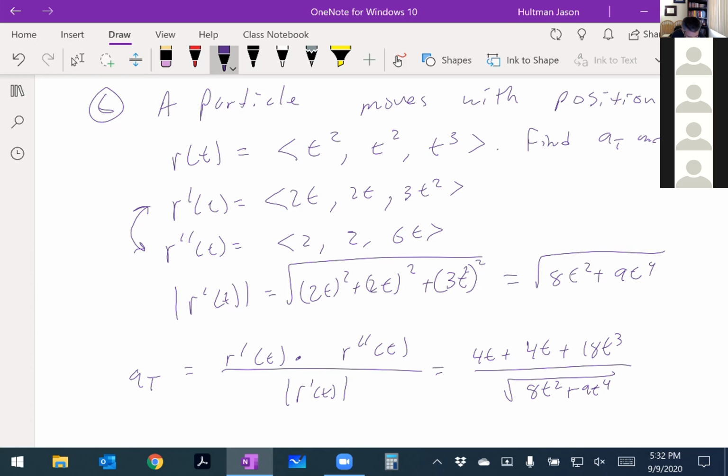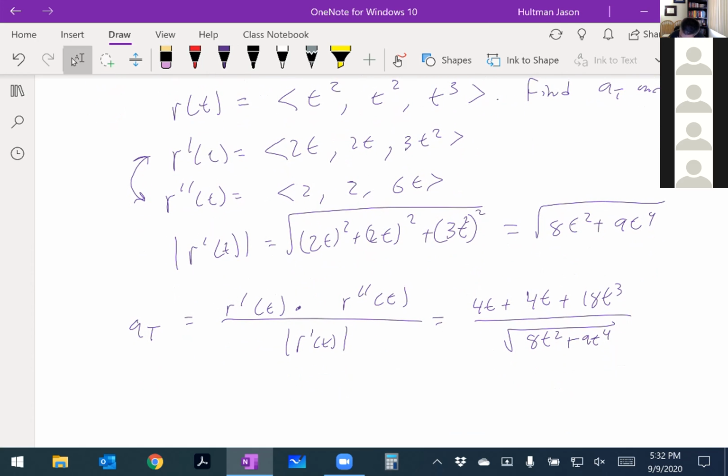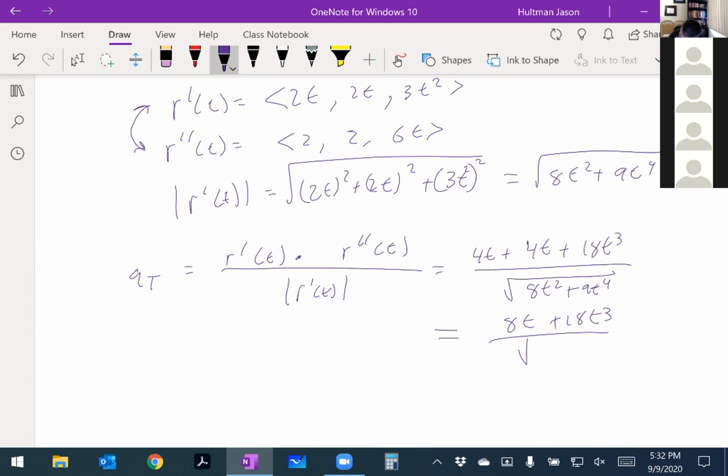Okay, so this is going to be equal to 8t plus 18t cubed all over. Now I could factor out a t on the top and bottom here. Let me do this step first. I'm going to pull a t out there, and then I'm going to get this to be 8 plus 9t squared, right?